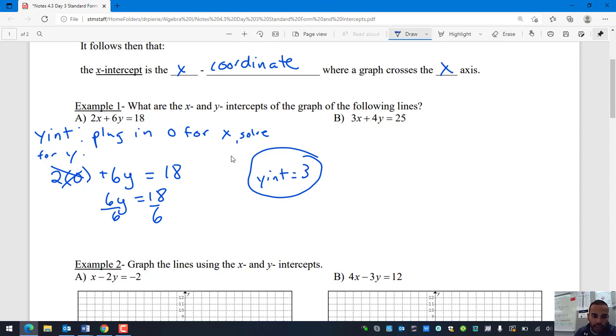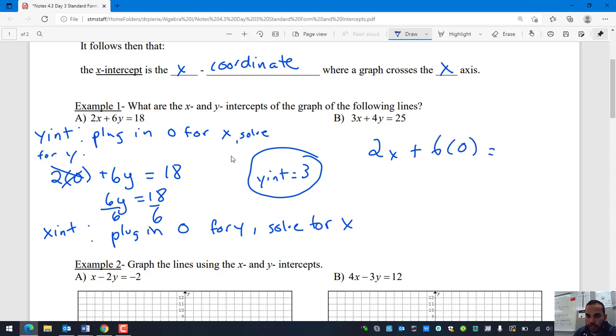If I want to solve for the x-intercept, it's basically the exact opposite. I'm going to plug in 0 this time for y, then solve for x. So what do I do here? I'm still going to have 2x plus, and wherever I see a y, I'm going to plug in 0. It'll be plus 6 times 0, and this is still equal to 18.